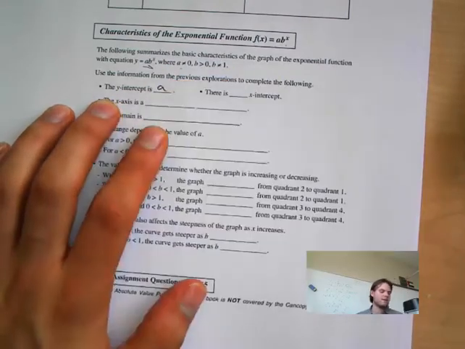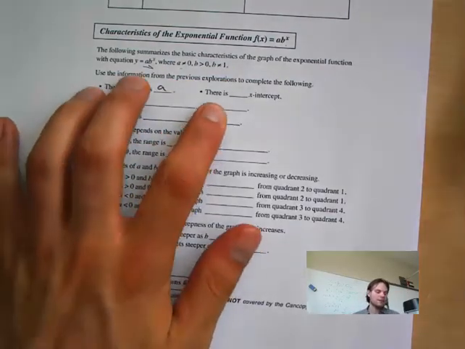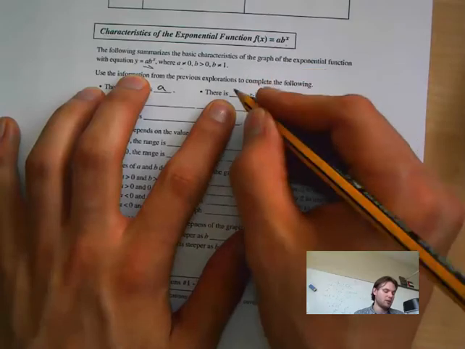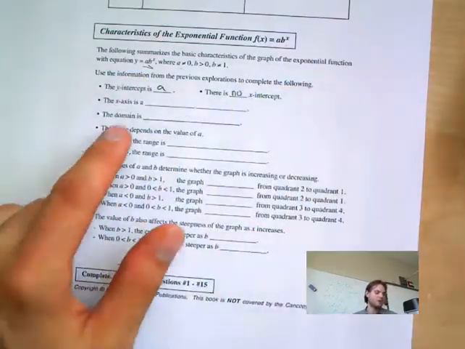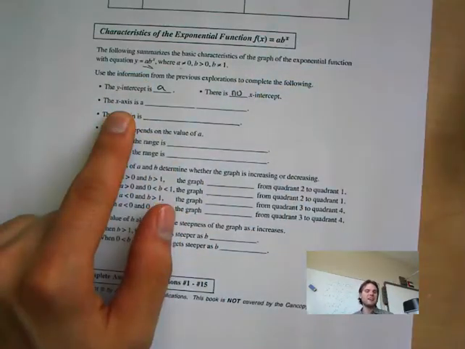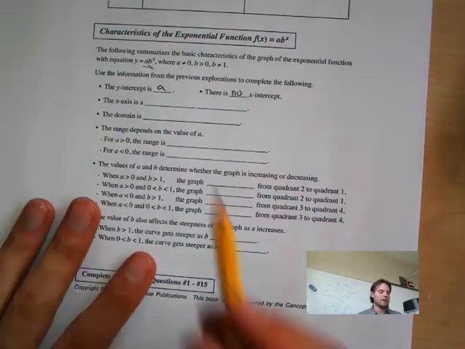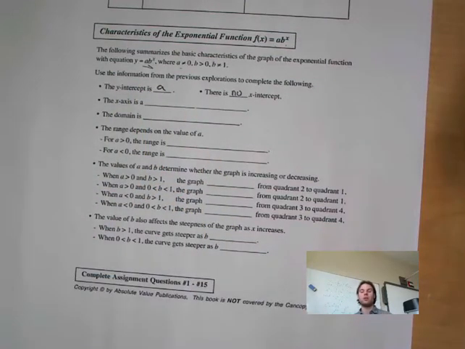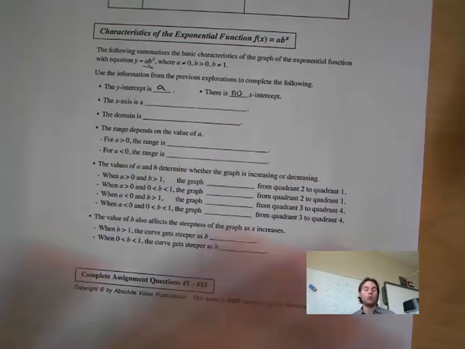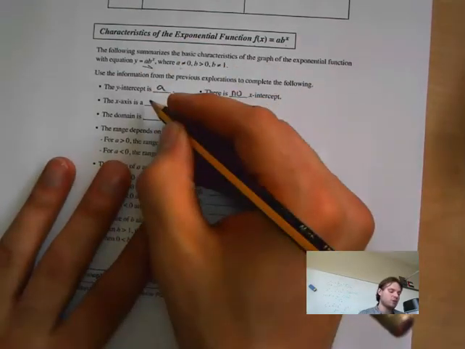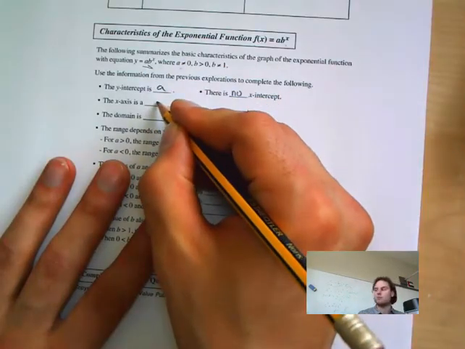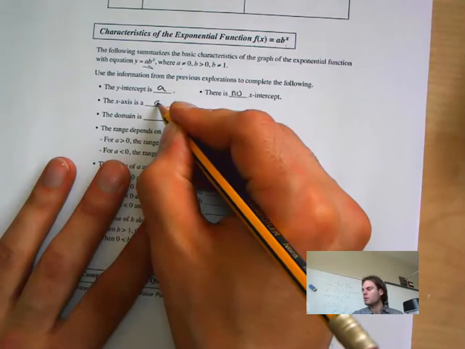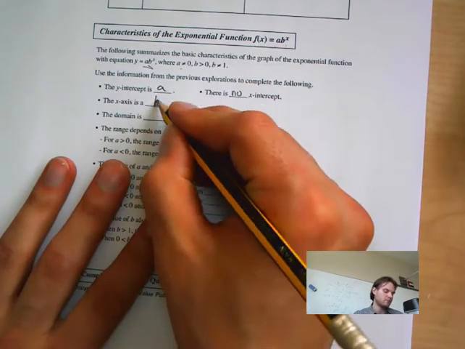The y-intercept is always the a value. The x-intercept: there is none. There is no x-intercept. The x-axis is where y is equal to 0. Can y ever equal 0? No. No matter what, when we have exponents, y cannot equal 0, so it is an asymptote. It's a horizontal asymptote.